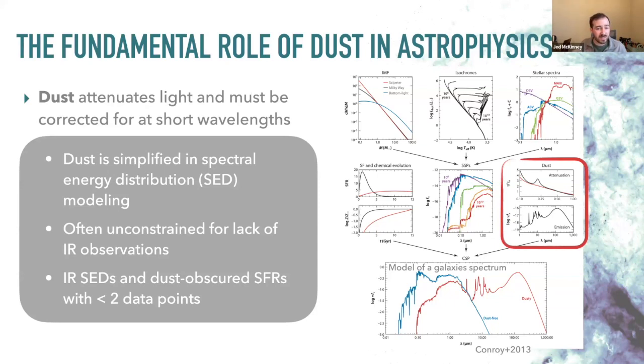But nevertheless, dust is historically simplified. It's often unconstrained, and I've seen infrared SEDs and equivalently dust obscured star formation rates with really sparse sampling of the far infrared. So we need to understand how dust fully plays a role to fold it into these models of galaxy spectra, for instance.